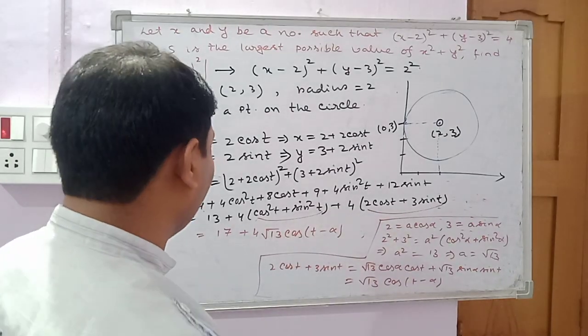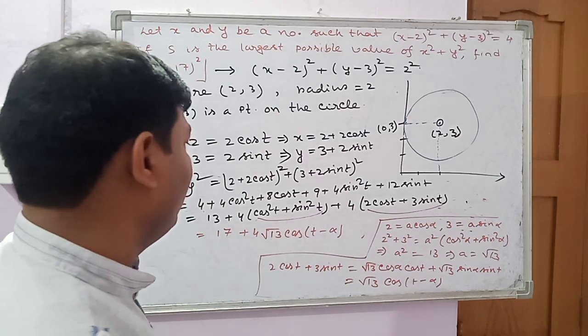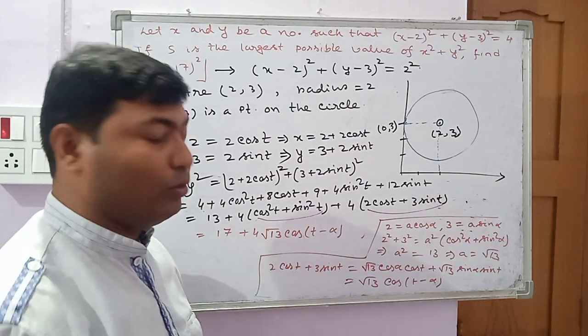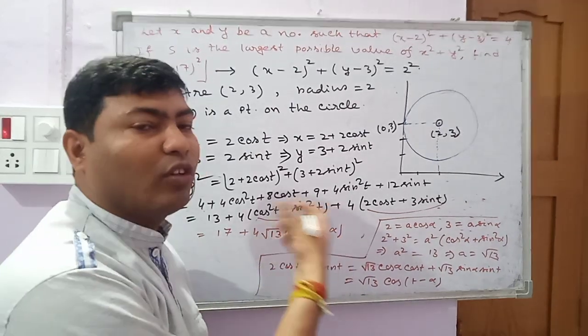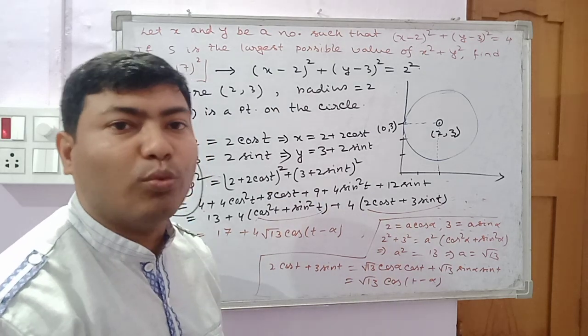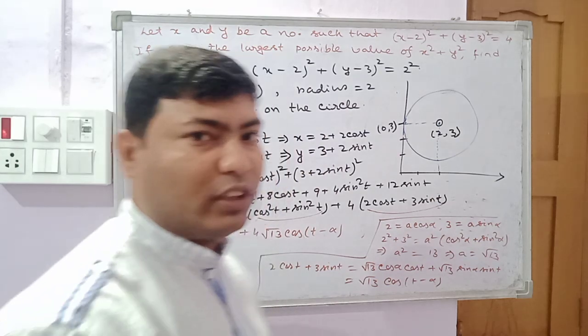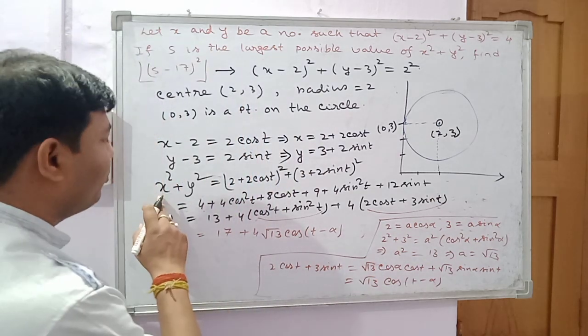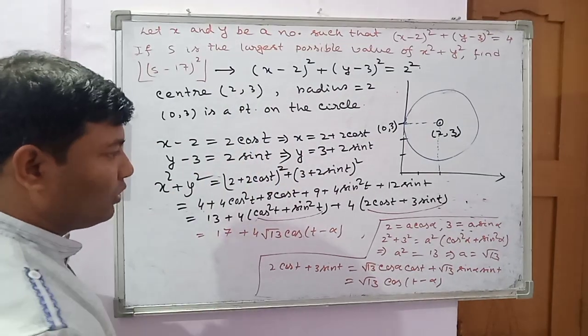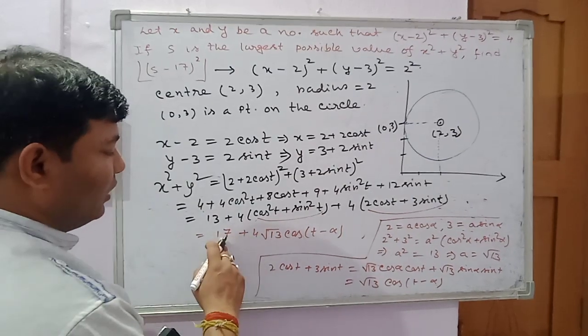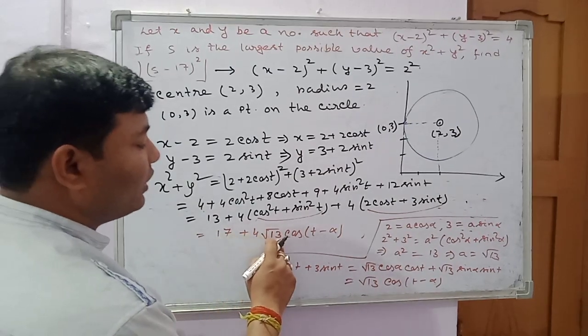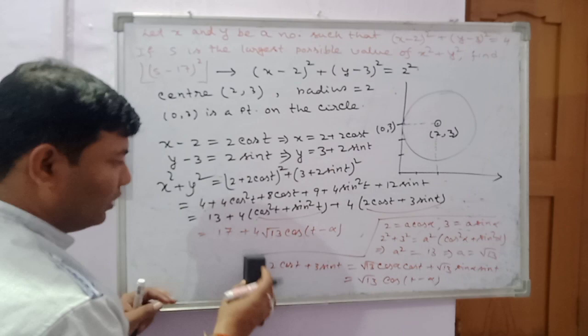What is the maximum possible value? The maximum possible value of cos theta is 1. So the maximum possible value of x square plus y square will be 17 plus 4 root 13 into 1.